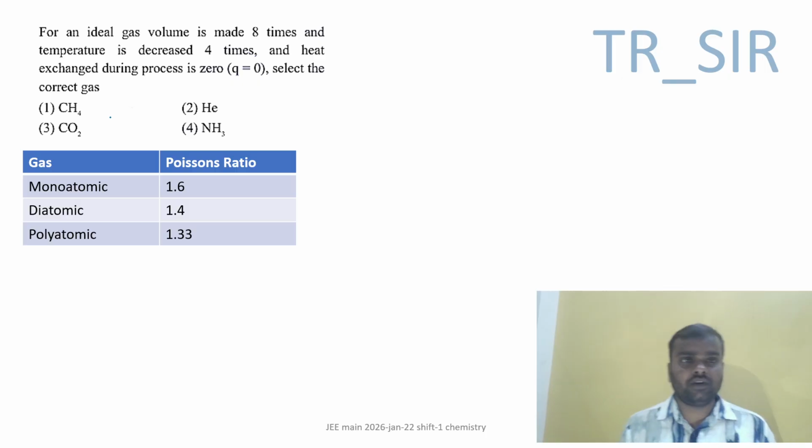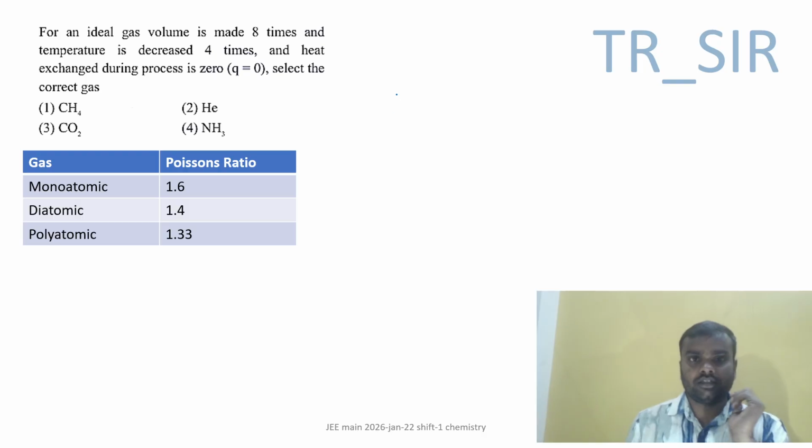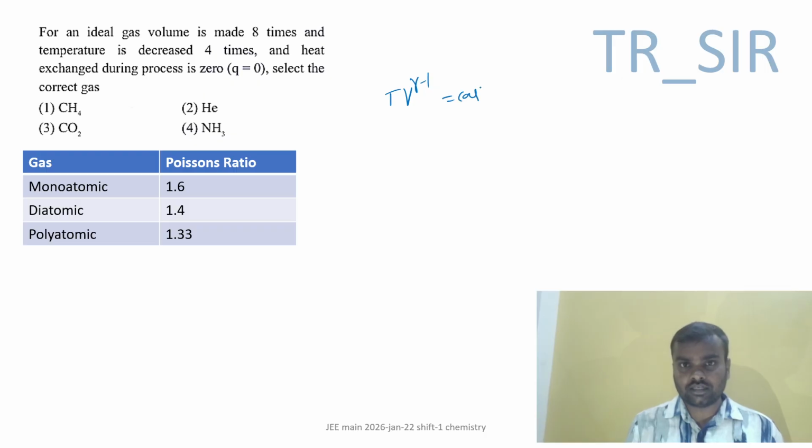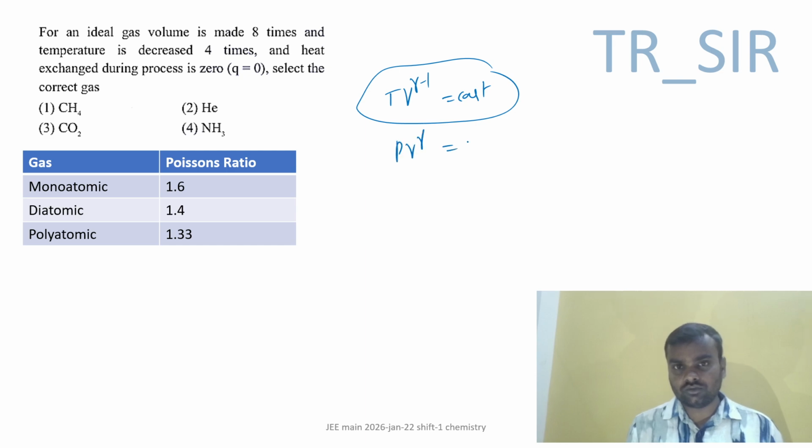Now we have, for an ideal gas, volume is made 8 times, temperature decreased to 4 times. So here TV raised to the power of gamma minus 1 is equal to constant. This is one relation, PV raised to the power of gamma is equal to constant. These two relations in the case of an adiabatic process will be required.